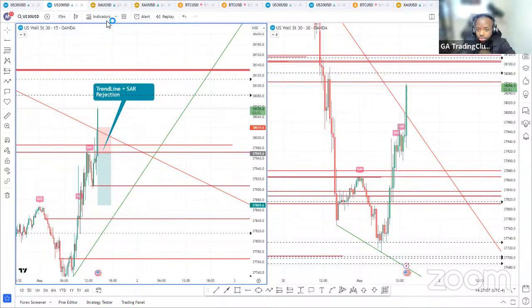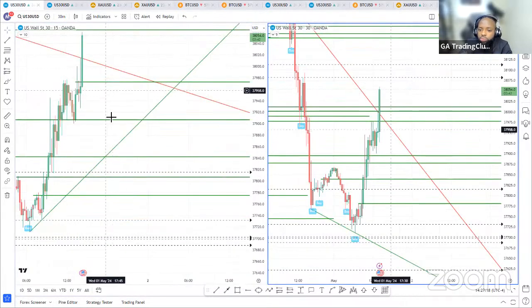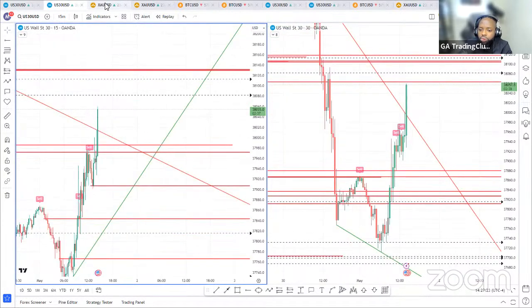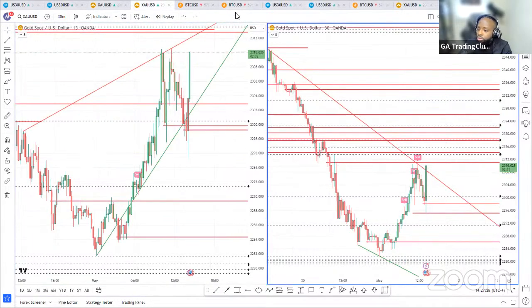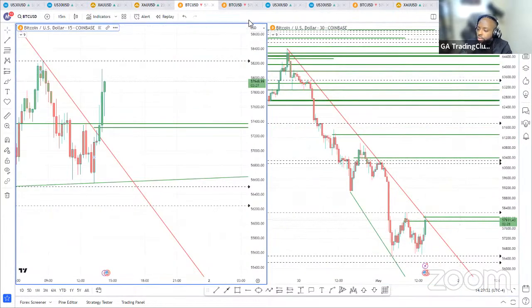And then we'll see what entries we get at 2:30 p.m. All right. So let's see what else there is. Any other possible setup? Nothing here. Nothing for buys. Nothing for sells on gold. Nothing really. Nothing for BTC.